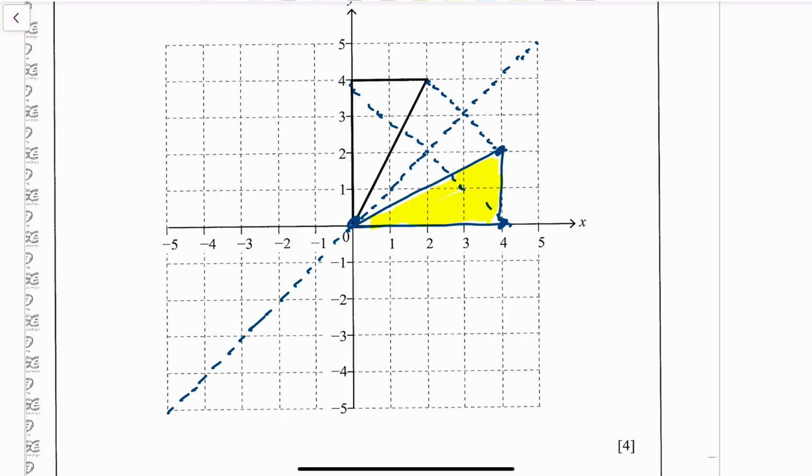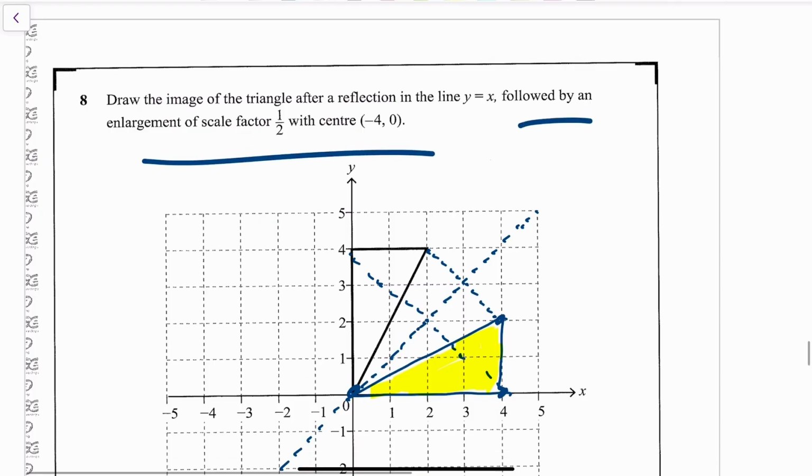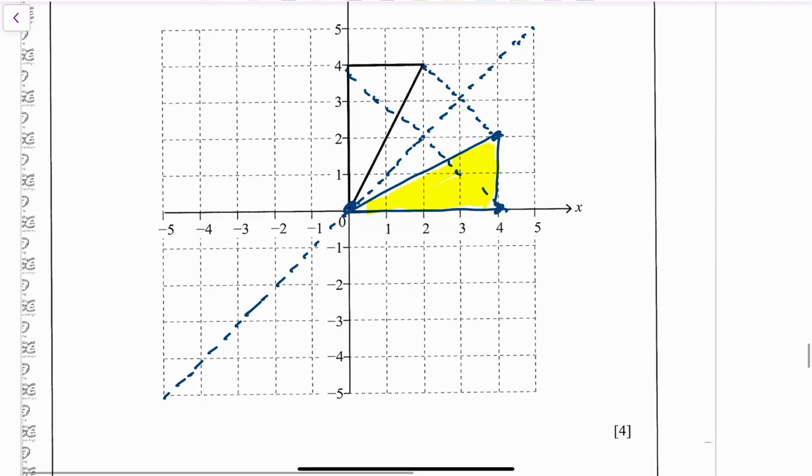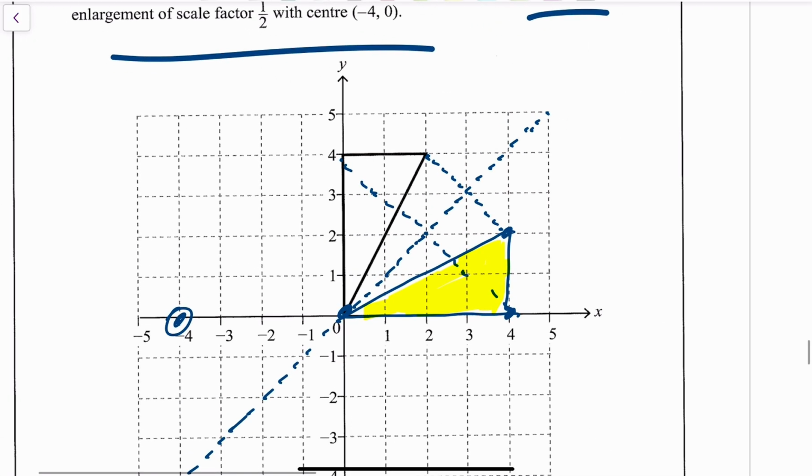The next thing we had to do was followed by an enlargement scale factor half, centre minus 4, 0, mark on your centre. So an enlargement scale factor half means, if you notice I go from here to the first point, I have to go 4 squares. 4 times a half is 2. So from here, I'm just going 2 squares, and that will take me to my first point.